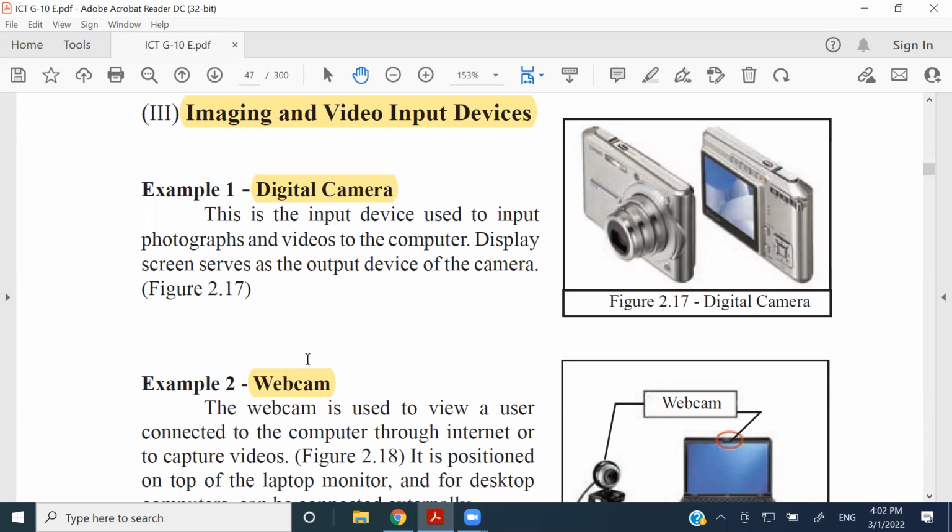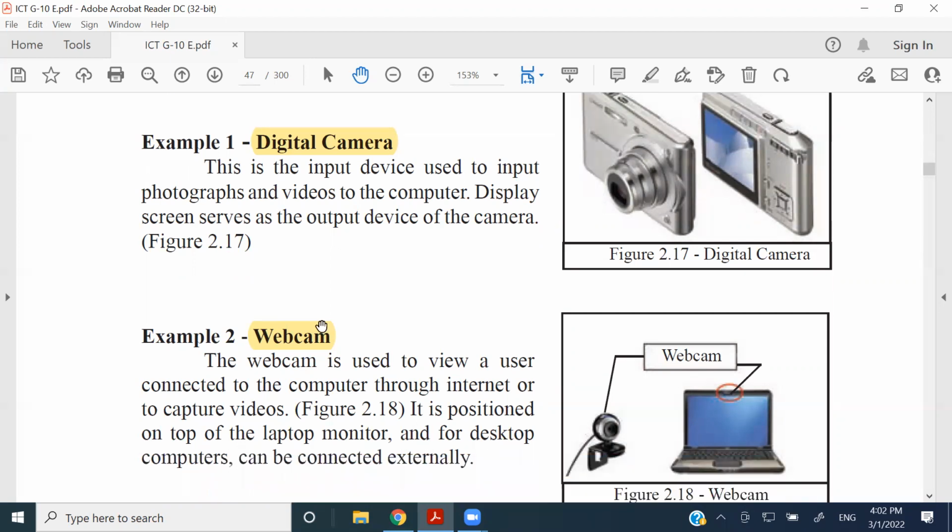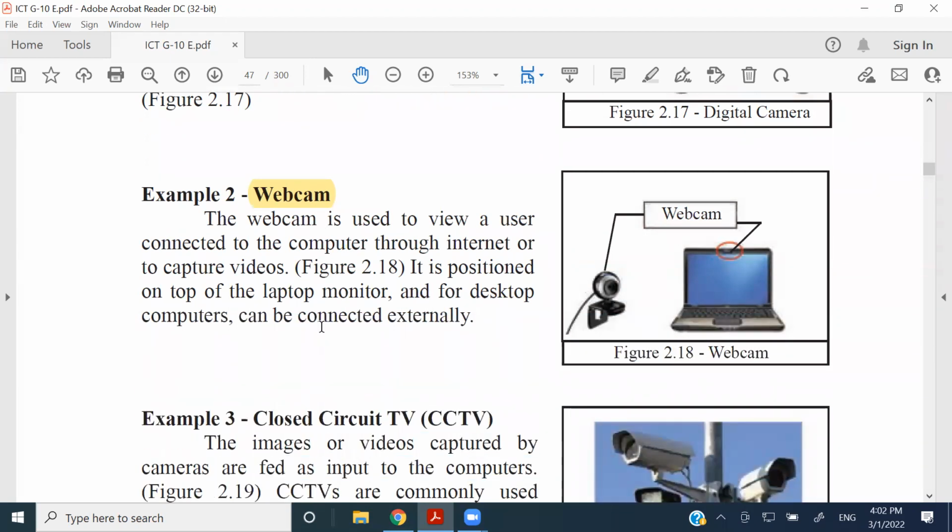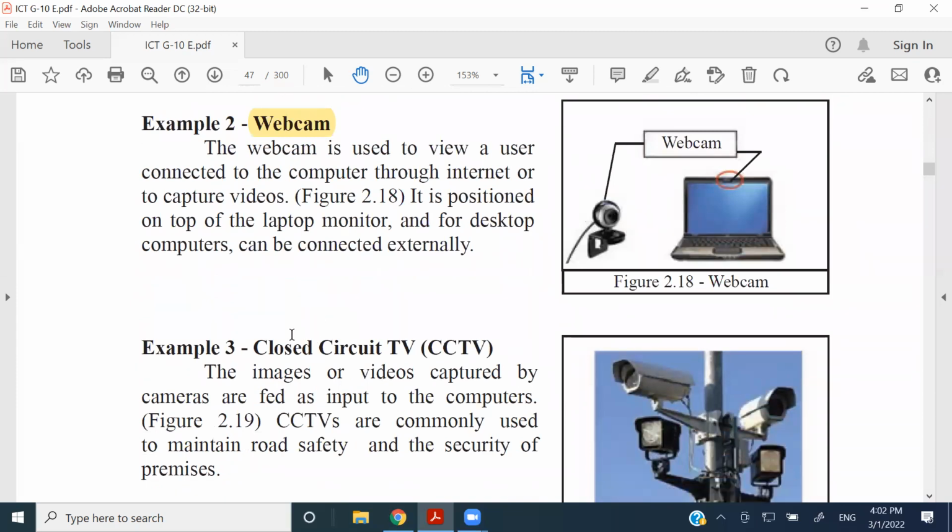Only the headings are enough, because we know what those things are. And CCTV.